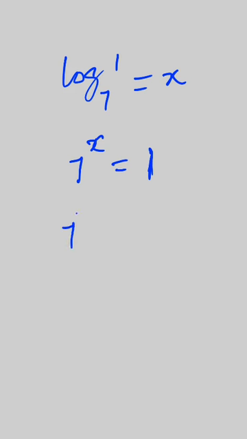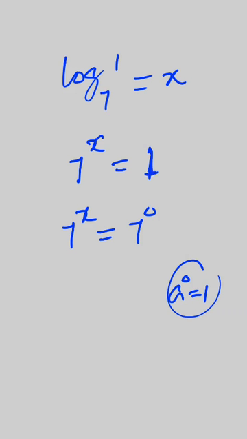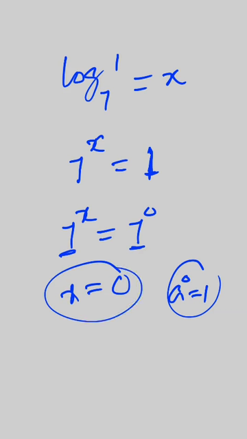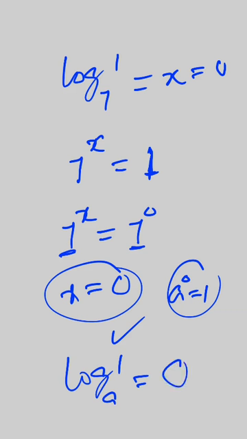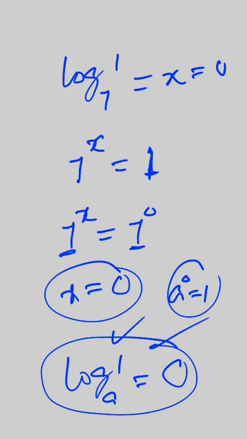So how is it possible? 7 power x equals 1, and this 1 we can write as 7 power 0, because according to exponential laws a power 0 equals 1. Now we can observe the bases are equal, so powers are also equal: x equals 0. That means this logarithmic value is 0. That means for any logarithm, log 1 base a, that value is always 0. This is a logarithmic formula we can use. Log 1 with any base, it may be any number, is 0.